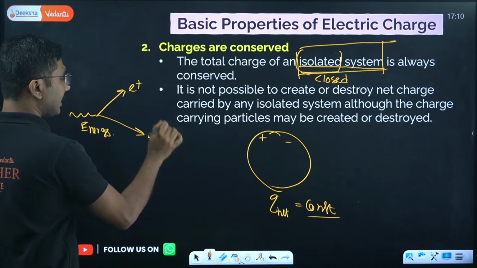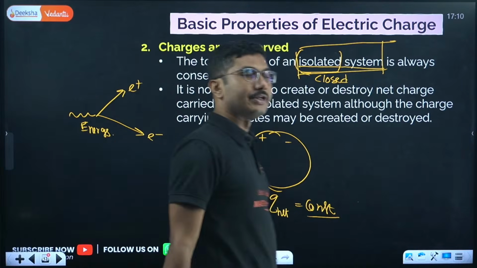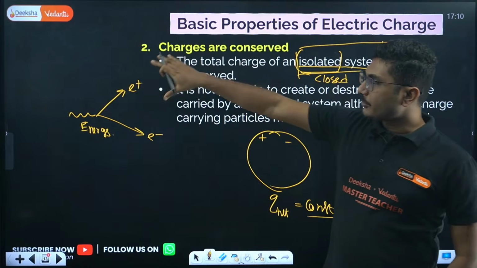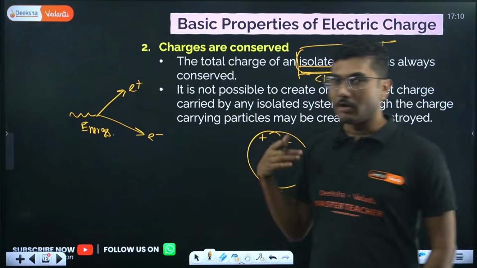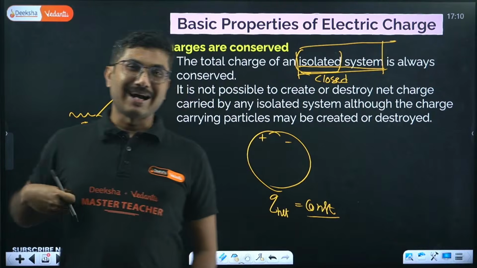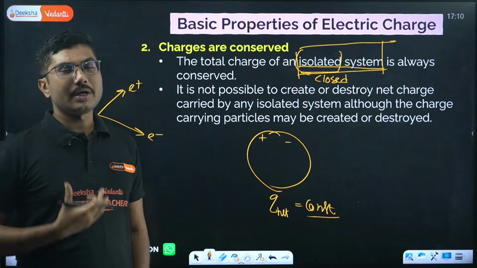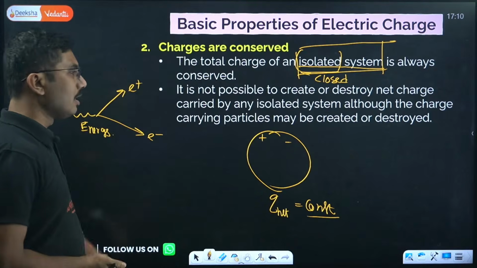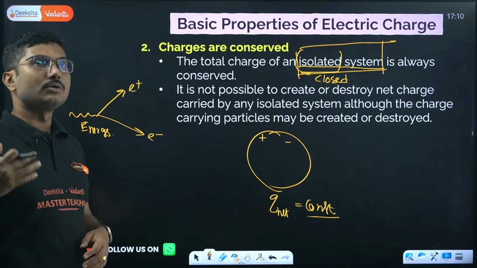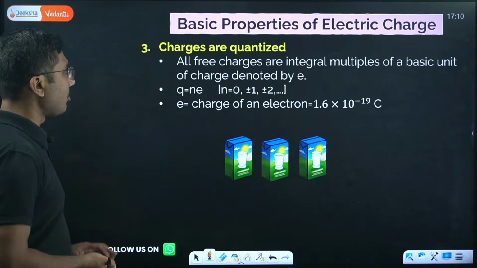So positive and negative charge can be created using energy, but the total charge will always be zero. So an isolated system has a constant amount of charge. It cannot be increased on its own. That is very, very important.